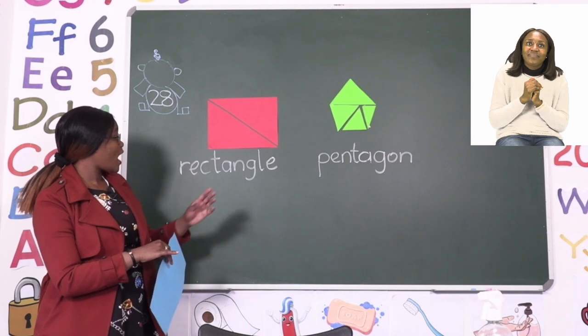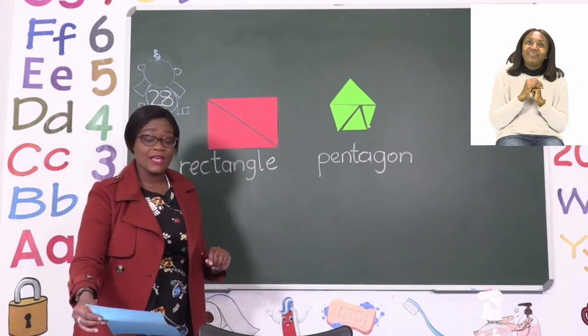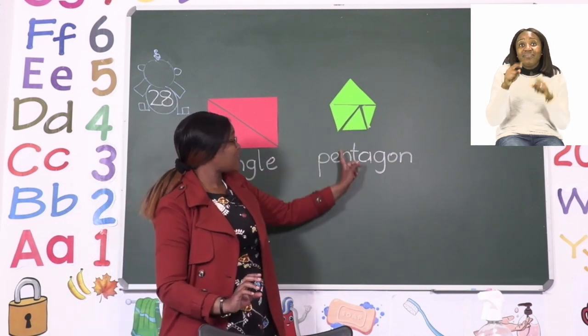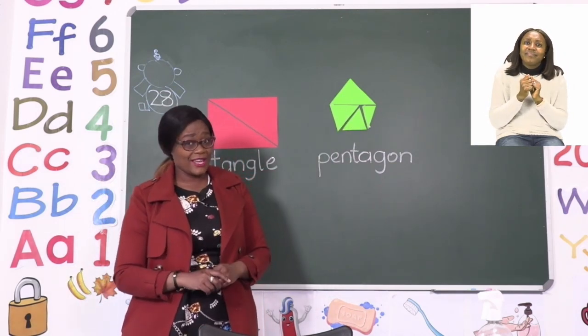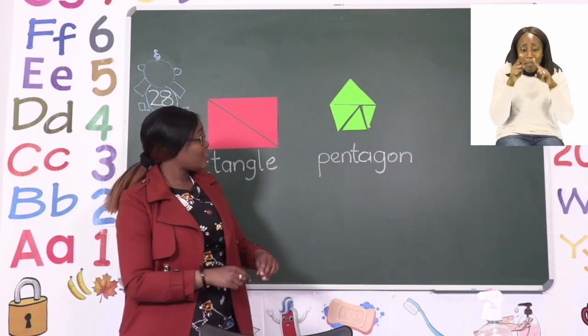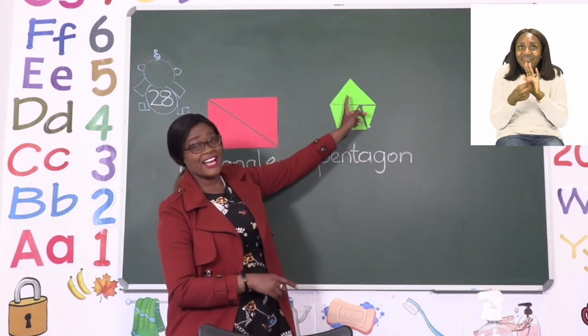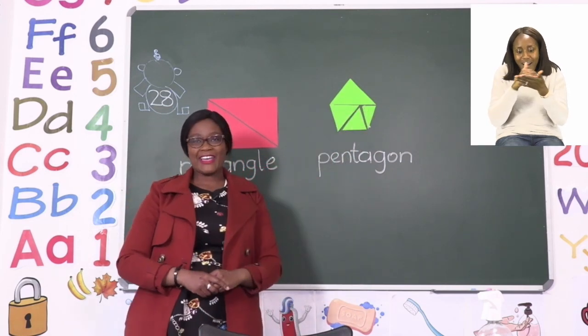We have done the rectangle in our classroom, and the next shape we're going to tessellate is the pentagon. Now the pentagon I know is a difficult shape, but there are some triangles in that shape as well. Here in the classroom, we have done 1, 2, 3, 4 triangles.